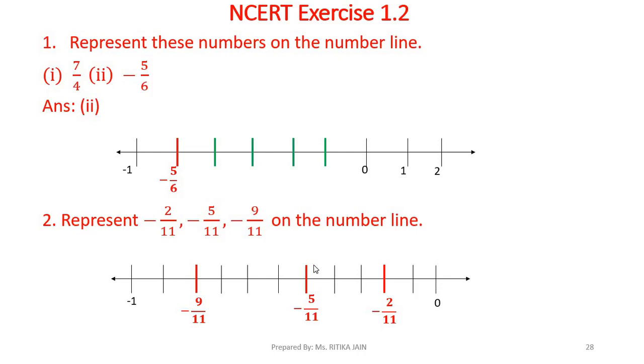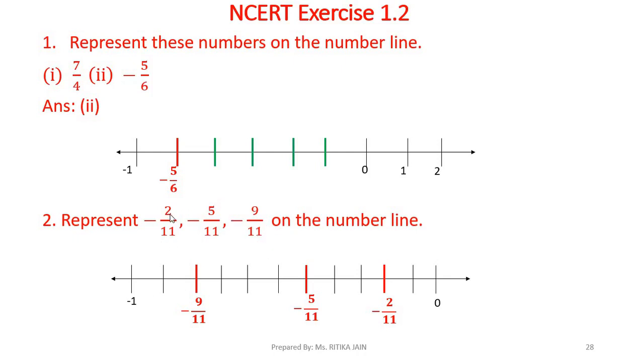Clear? Now look at the denominator. The value is 11. So the region between 0 and -1 will be divided into how many equal parts? 11. Very good. So count first, second, third, fourth, fifth, sixth, seventh, 8, 9, 10, 11. Clear?